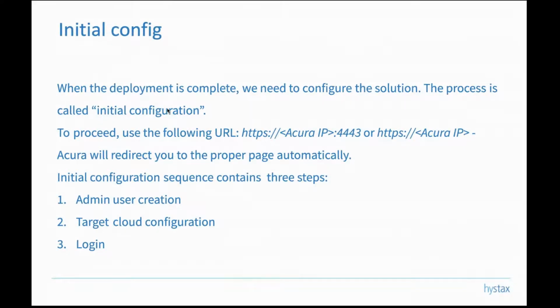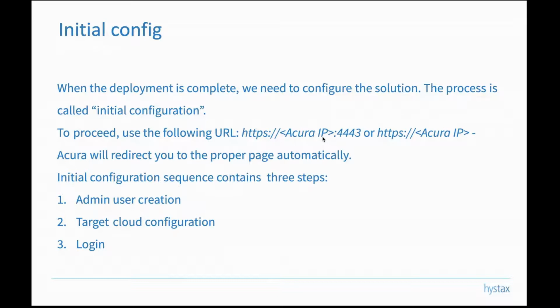Once the deployment is complete, we have created our instance. The instance itself is running. We've checked that all the containers are running, everything is fine. We can access the interface via the Acura IP.